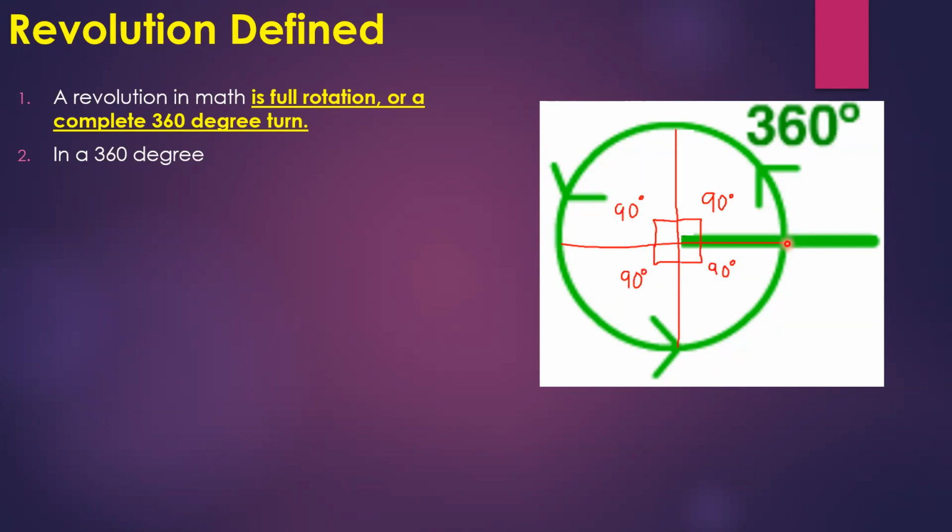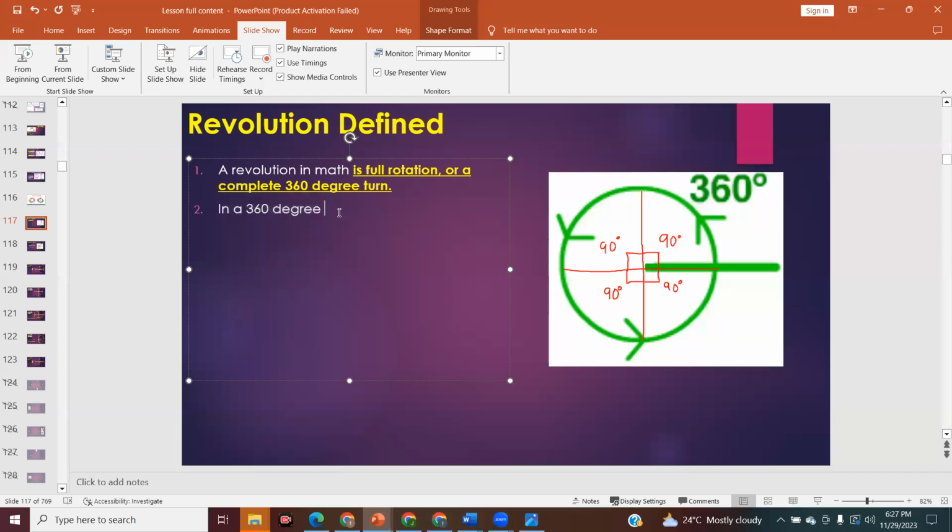This point travels here, all around, and comes right back to where it started. You understand? Yes, sir. It's a complete 360-degree turn because it started at one point and came all the way back to where it started. That's a full rotation, a complete 360-degree rotation. You understand what I mean? Yes, I understand. That's what I mean by a revolution.